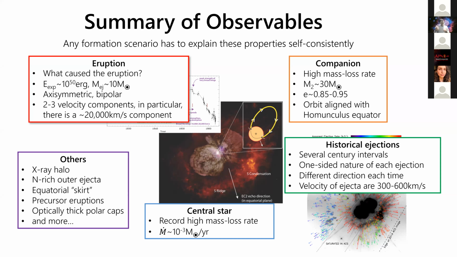Also the optical caps of the homunculus are known to be slightly more optically thick compared to the side lobes. In any case, any scenario has to explain all these things self-consistently, and many scenarios have been proposed in the past. But today I'm just going to talk about our scenario, but I know many people in this audience have their own favorite model.